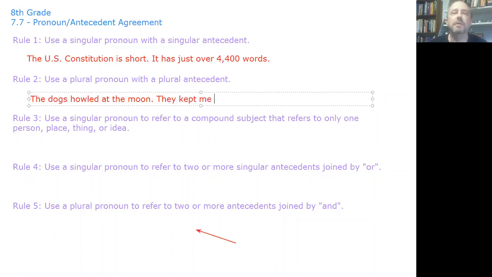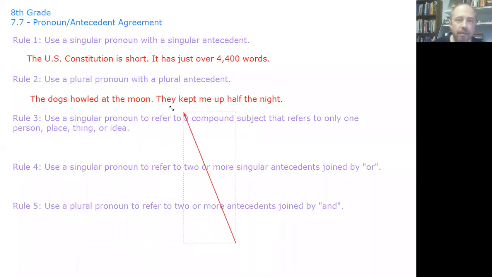They kept me up half the night. So again, same idea, right? Pronoun they refers to dogs, more than one, plural.